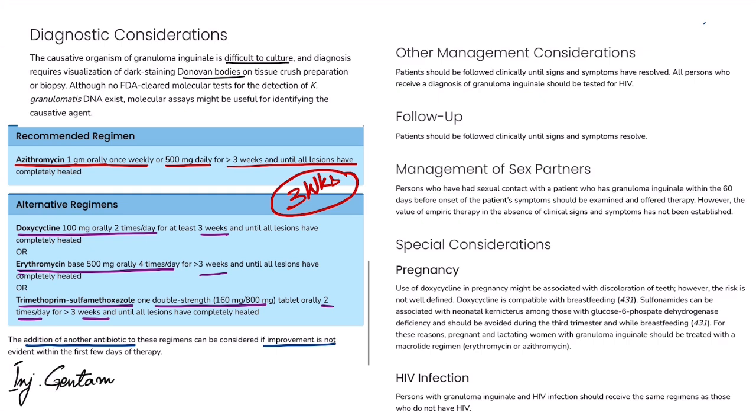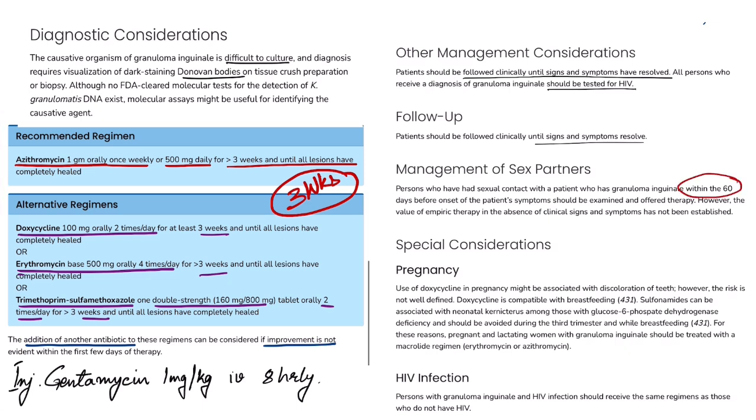So if there is no improvement with these drugs, we need to add another antibiotic, which is usually injection gentamicin 1 mg per kg IV 8 hourly. In all STI, we need to follow up. In Donovanosis, we need to follow up the patient until the signs and symptoms resolve. So management of sex partners: all the partners within the last 60 days should be treated with the same regimen.